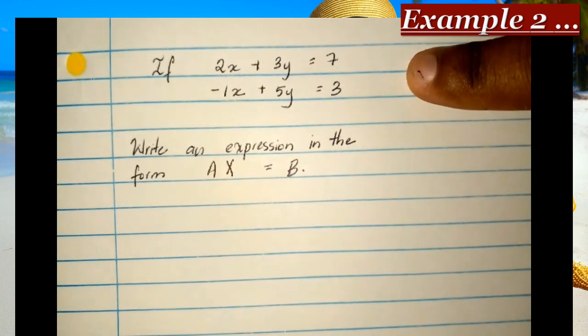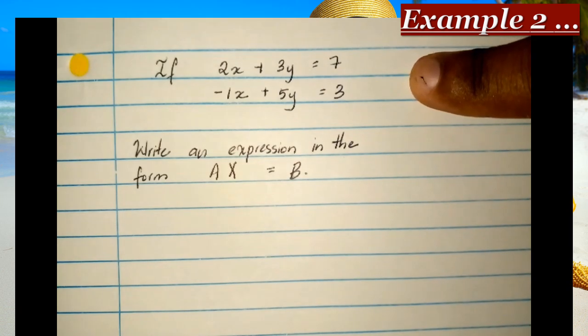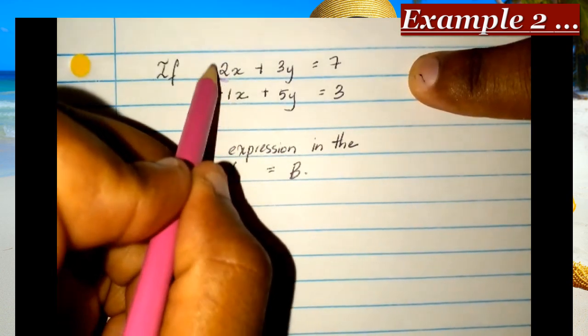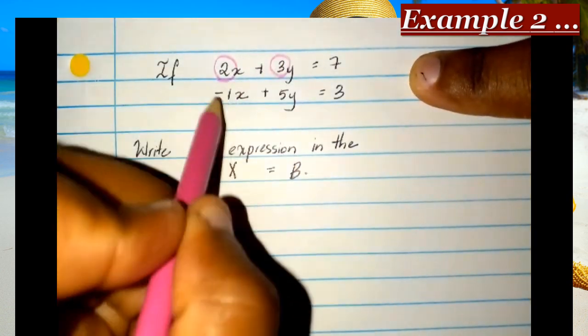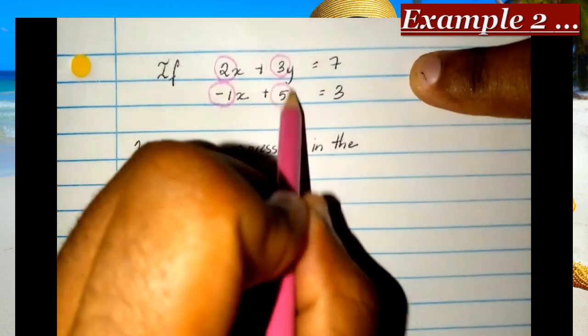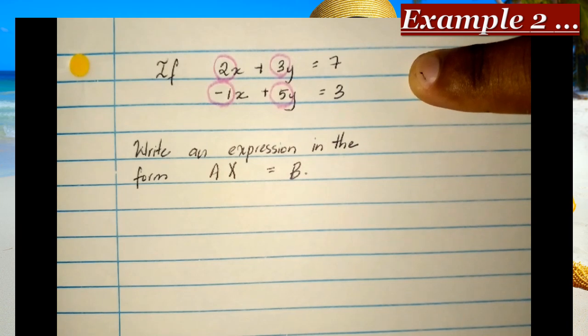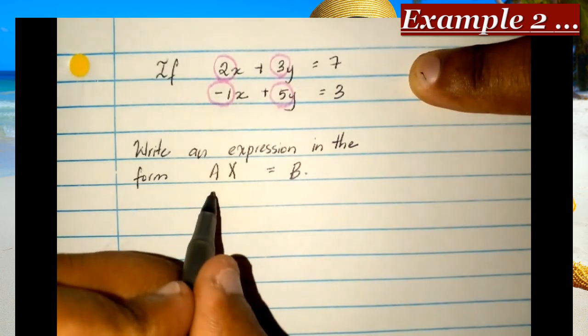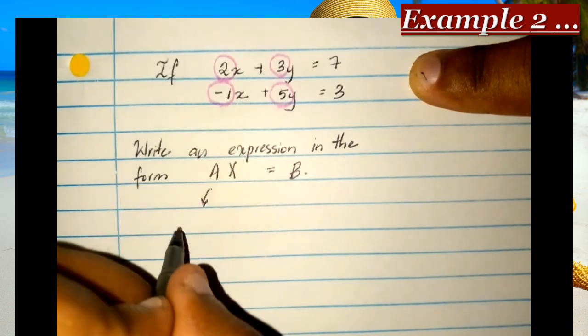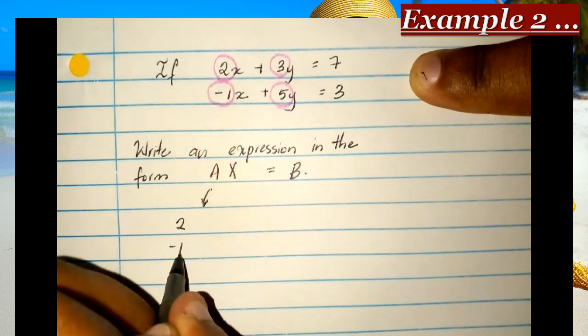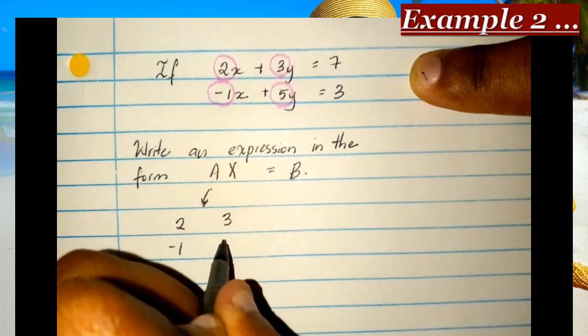I'm going to extract all my coefficients. So that is, let me just circle all of them. That is 2, 3, -1, and 5. So these will be the elements that should be in my coefficient matrix A. 2, -1, 3, and 5.